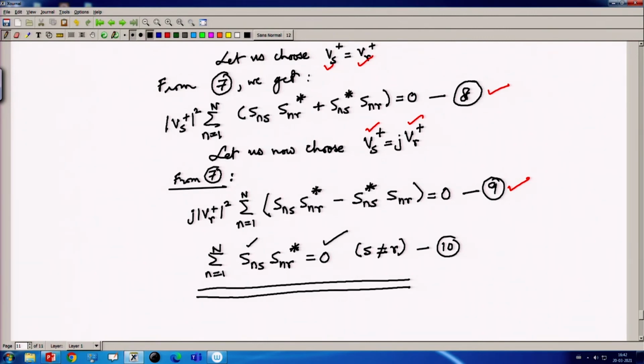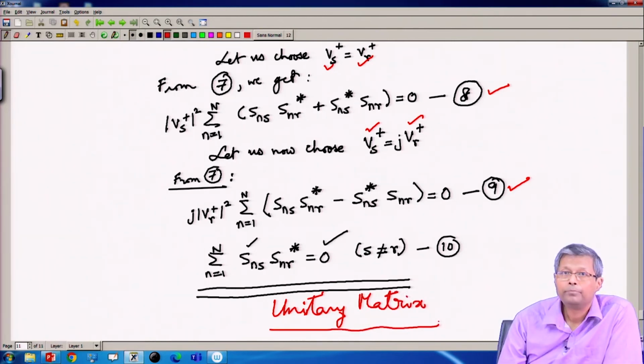So, this is the second important property of the scattering matrix. A matrix which satisfies these conditions is called a unitary matrix. It is called a unitary matrix.